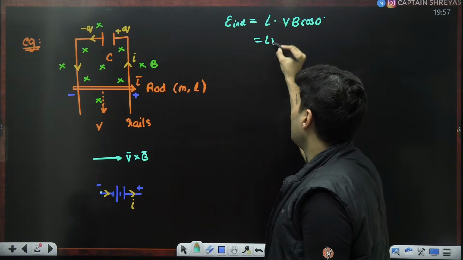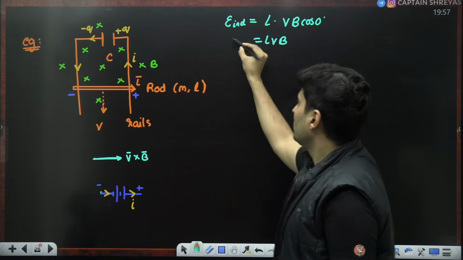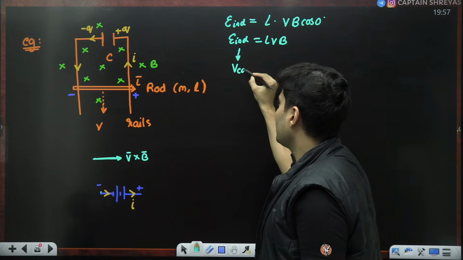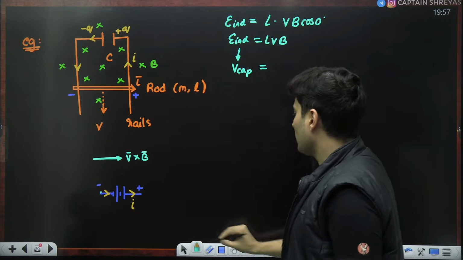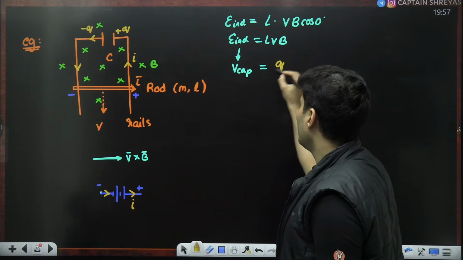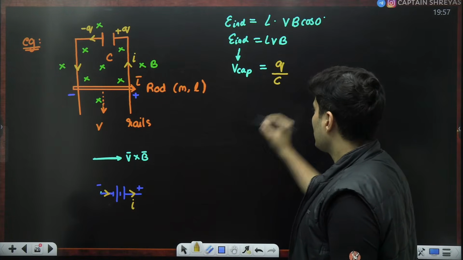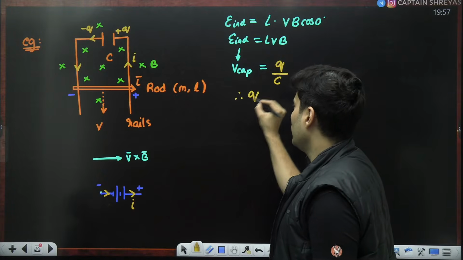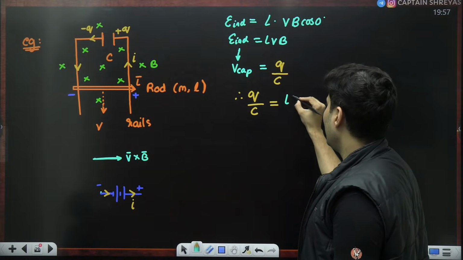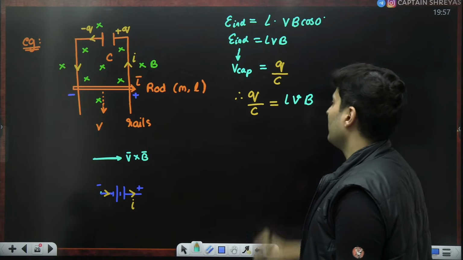So it is just L, V, B. So this is the induced EMF. This induced EMF is also the voltage across the capacitor, and for the capacitor, Q is CV, so V is Q by C. So Q divided by capacitance is nothing but L into velocity into magnetic field.